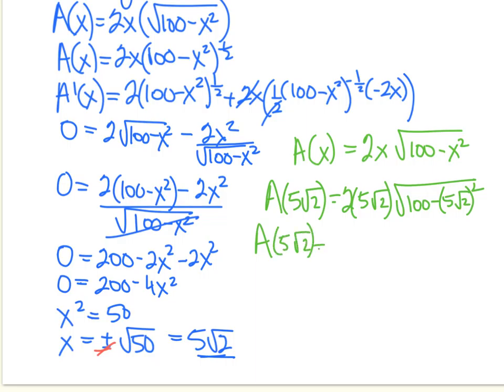I'll just go through this step by step. So then we get 10 root 2, and here we get 100 minus 25 times 2.